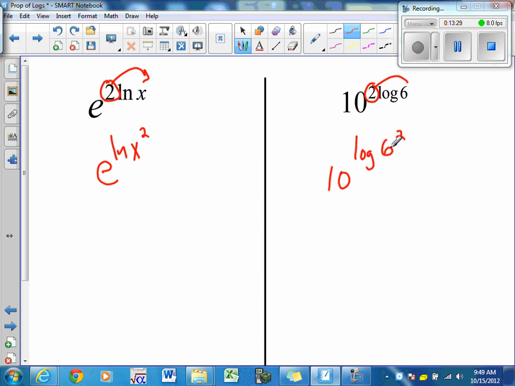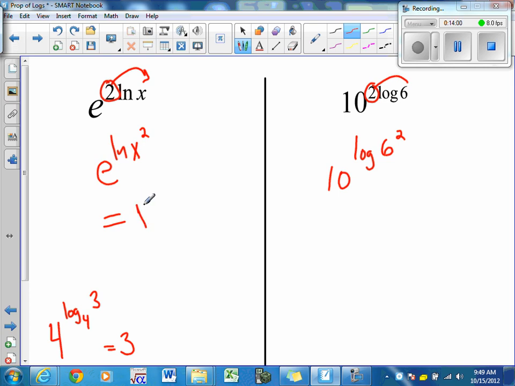Now, if you remember in the homework last week, we did a problem like this a number of times, where we said, if I think it was 4 to log base 4 of, like, 3, the answer is just 3, because 4 raised to the log base 4 are basically inverses. They cancel each other out. So here we have e to the natural log of x squared. e to log base e, those two are inverses.